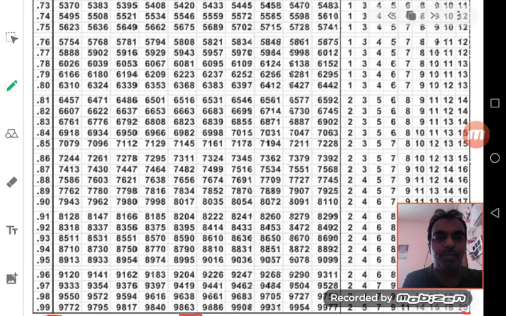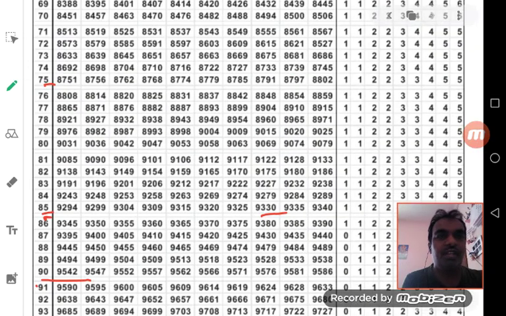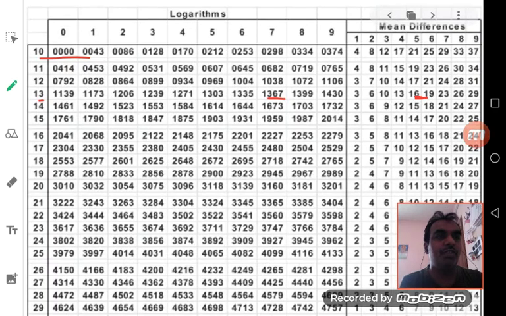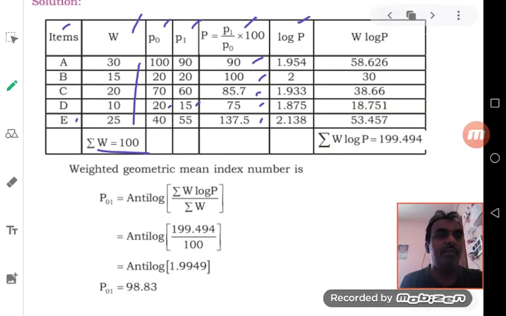Since there is no other number, we look under the 0 column for 90. So you are getting 9542. That should be your log value, 9542. You can take the 2 or you can leave it. 9542 is the first one.